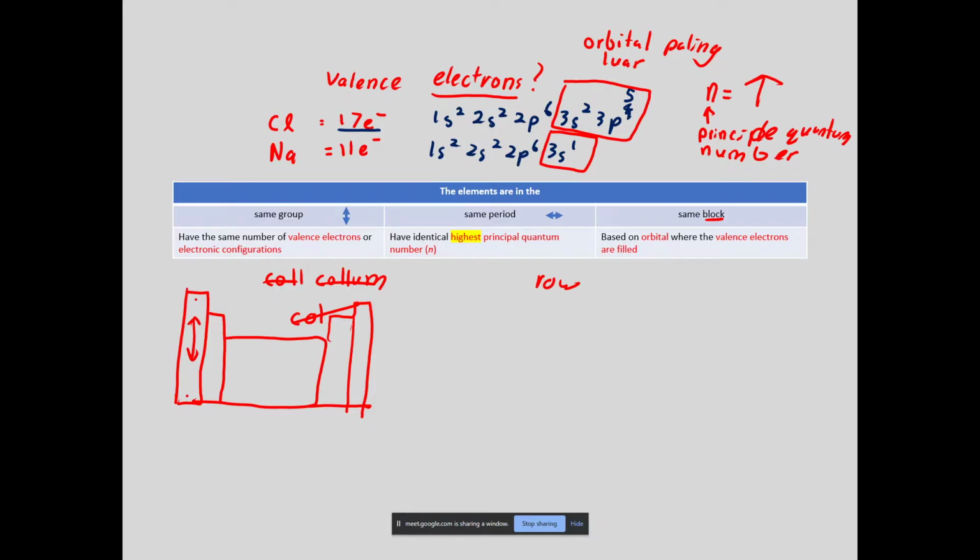Kalau period, kalau dalam Excel kita panggil row, which is dia adalah sebaris tapi melintang. So, untuk row, anything yang the same period, maksudnya anything yang dalam the same level, dia sebaris tapi melintang. Kalau group, sebaris tapi ke bawah. Okay, block yang saya tunjuk tadi lah.